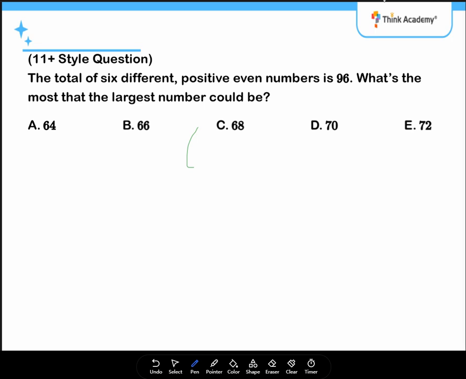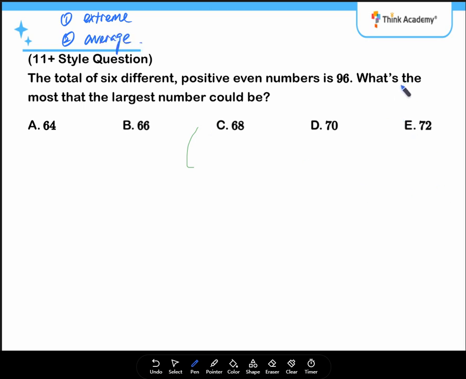So here you can see the total of 6 different positive even numbers is 96. What's the most that the largest could be? Think about it. Is it an extreme condition or an average condition?